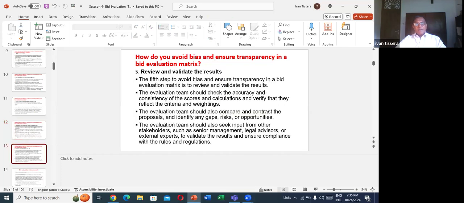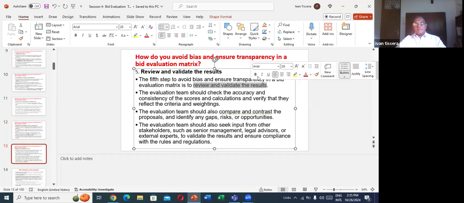Number 5, review and validate the results. The fifth step to avoid bias and ensure transparency in the bid evaluation metric is to review and validate the results. The evaluation team should check the accuracy and consistency of the scores and calculations and verify they reflect the criteria and weightage.